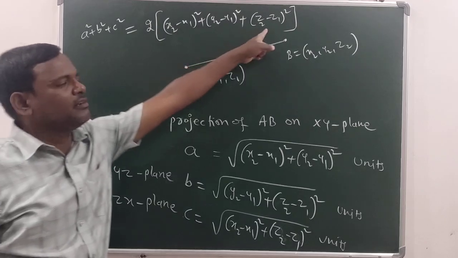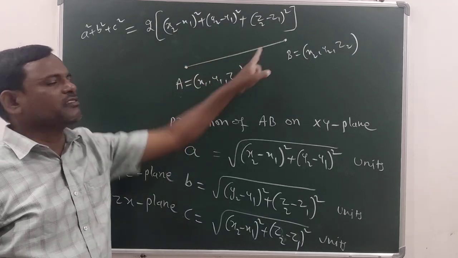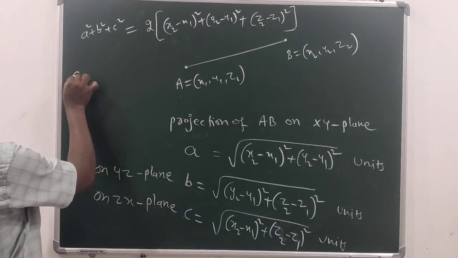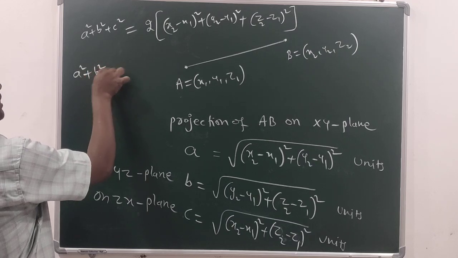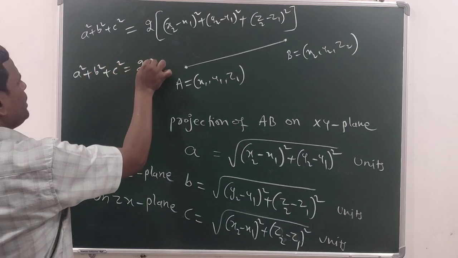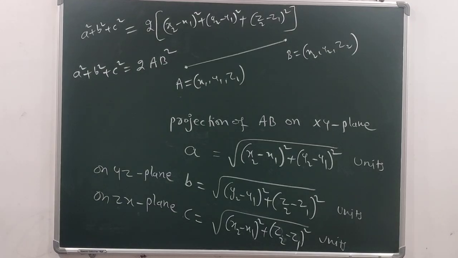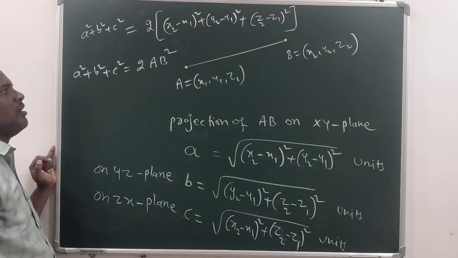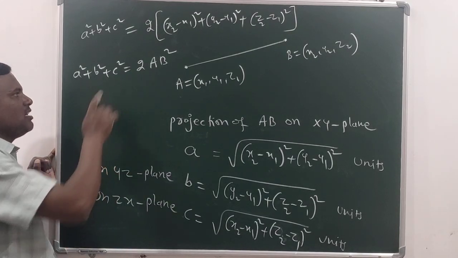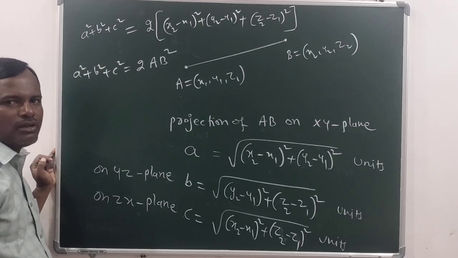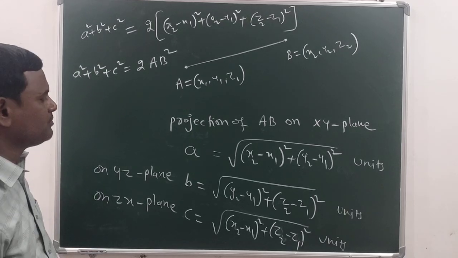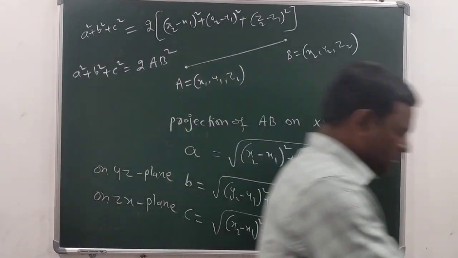That is nothing but the square of AB. Now a square plus b square plus c square is equal to 2 into AB square. Okay? Right. Based on this, you expect some applications while doing the problems. Right, students? Next.